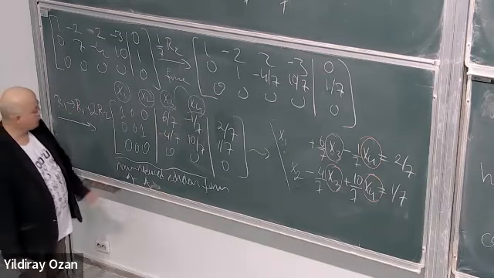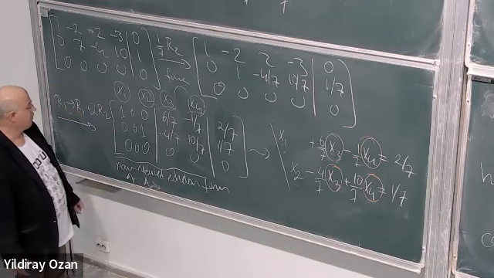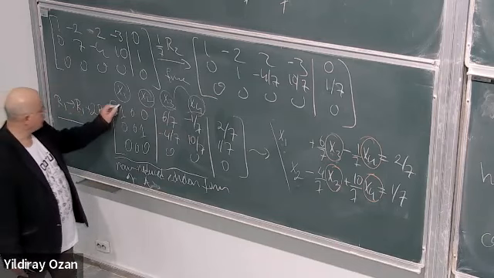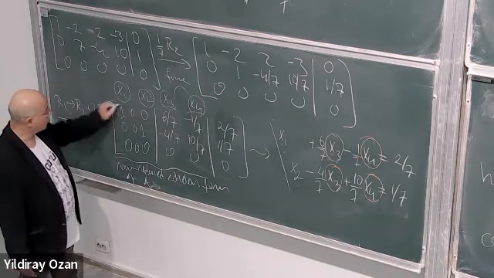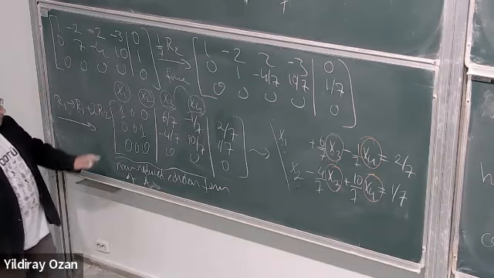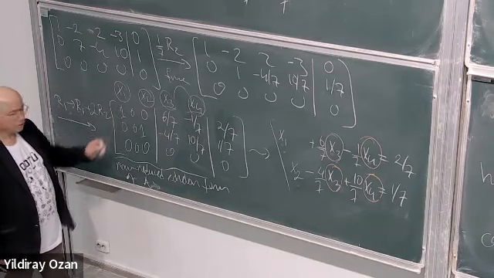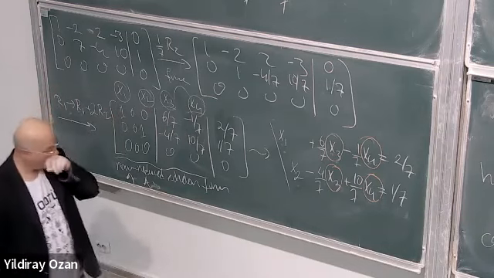This is the row reduced echelon form, and the rank of the matrix is nothing but the number of non-zero rows. In this case, we have 3 rows, but only 2 of them are non-zero. So that is the rank of A.